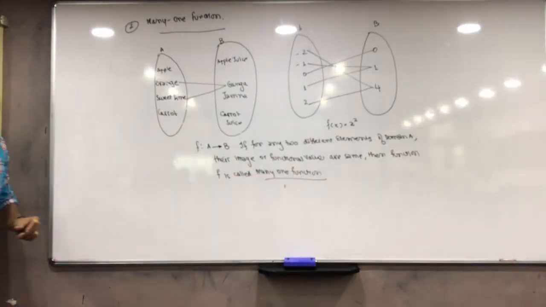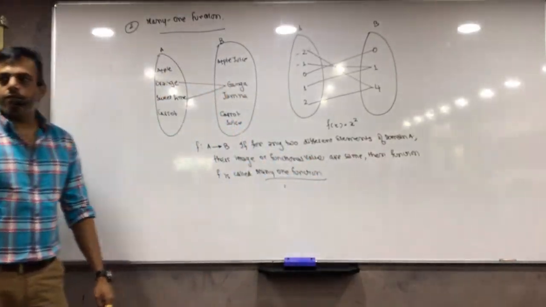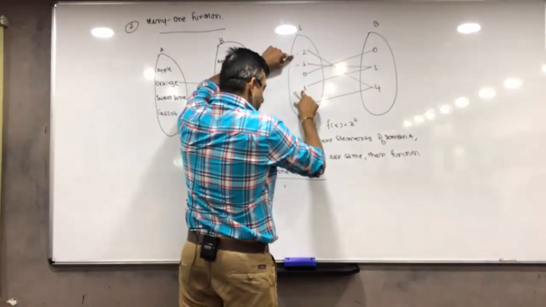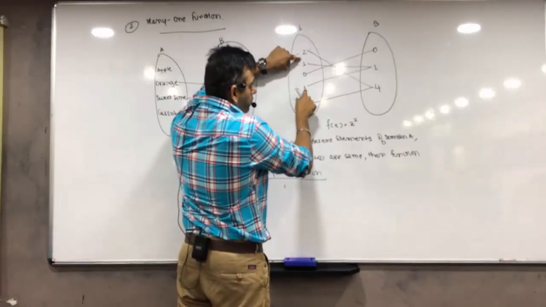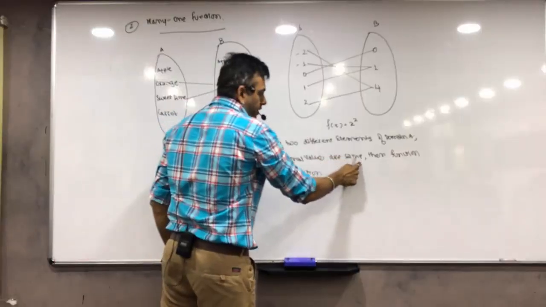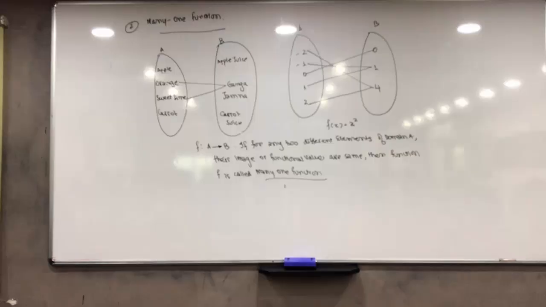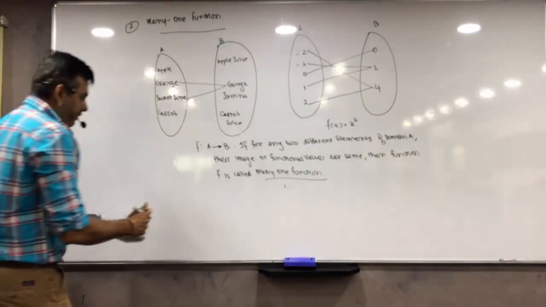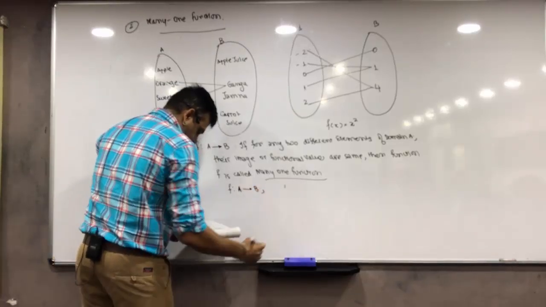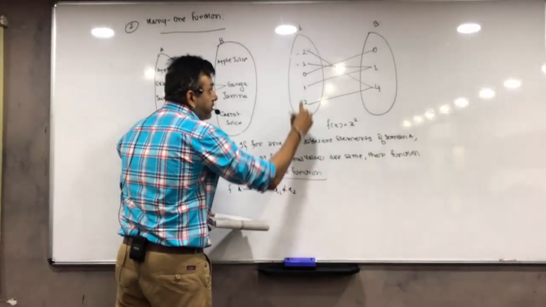How does it go? If for any two different elements of domain A, their image, what is the image of these two? It is 1. All functional values are the same. Then function f is called many-one function. Now how do we write it the other way? Function f from set A to set B. A1 is not equal to A2.